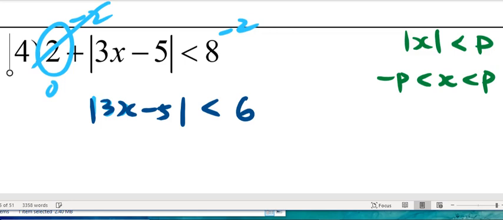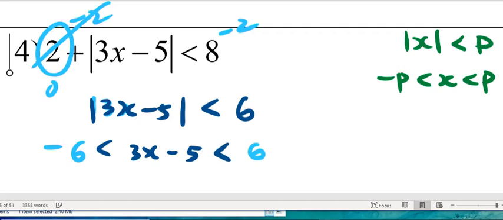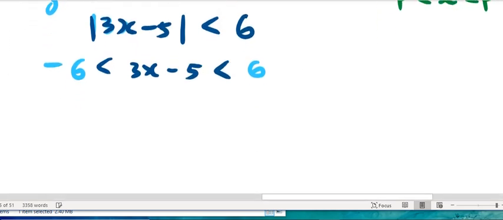Okay, so after that, what will you do? Yes, apply the concept. So you have 3x minus 5 between negative 6 and 6.